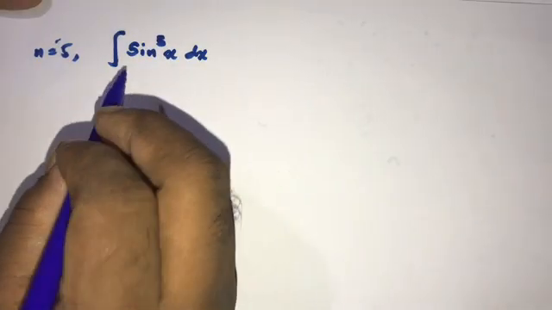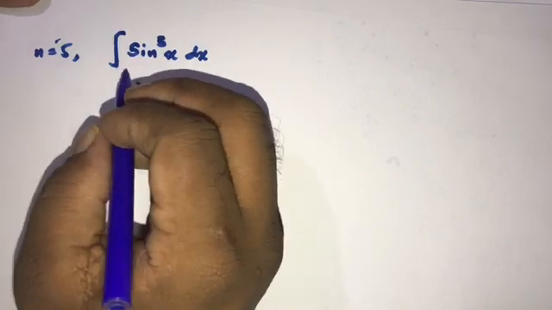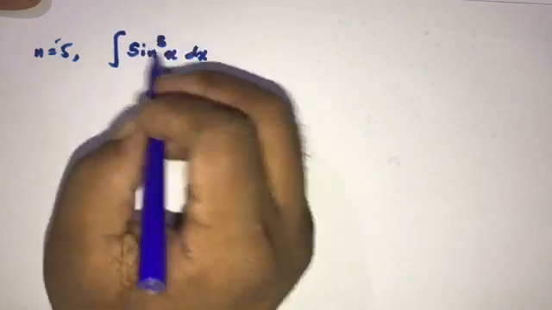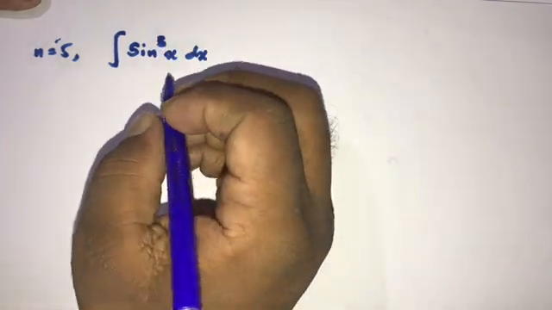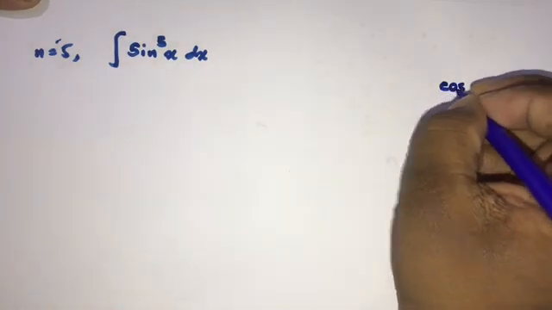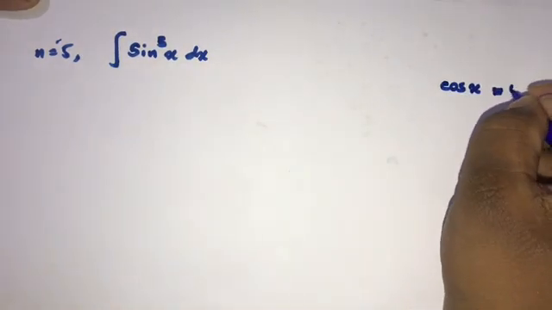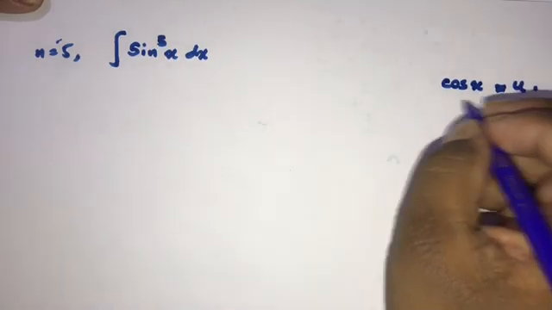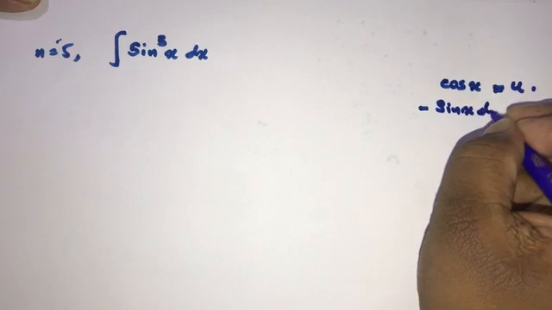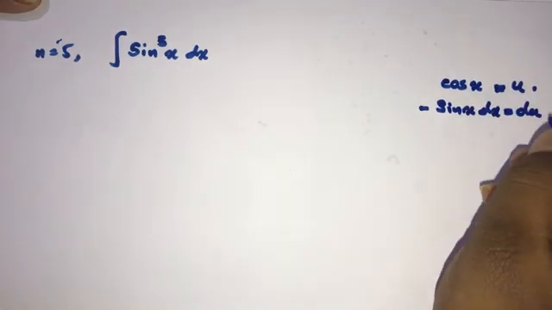Now when n is equal to 5, the question is going to be the integral of sine to the 5th power of x dx. Now we know the power is an odd number, so we can use the substitution method. So if we take cosine of x equal to u, now differentiating with respect to x, we can write minus sine of x dx is equal to du.